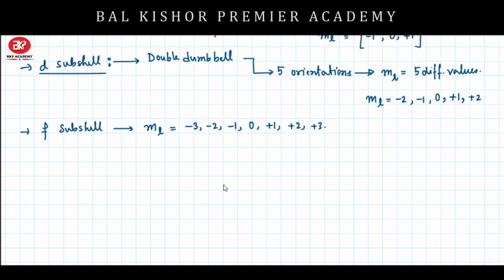So if I make a chart right now, in the first column I can give the principal quantum number. In the second column I am giving the name of the subshells. In the third column I am giving the value of l.